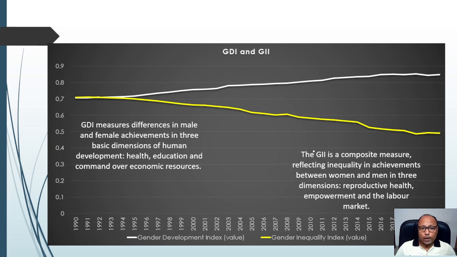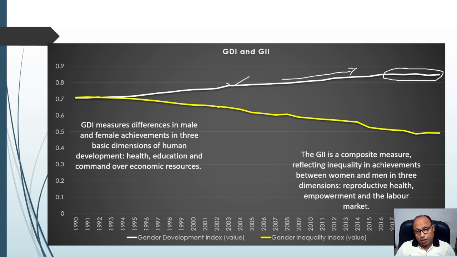If you look at this white line, it indicates the Gender Development Index, and this increasing trend indicates that the gender gap is increasing, the difference between male and female on all these parameters of HDI. So the gender gap is increasing in terms of HDI over a period of time. Recently, the curve seems more flat, so we can say it is not increasing at a faster rate, but if you look at the long-term trend, it shows an increasing gap.